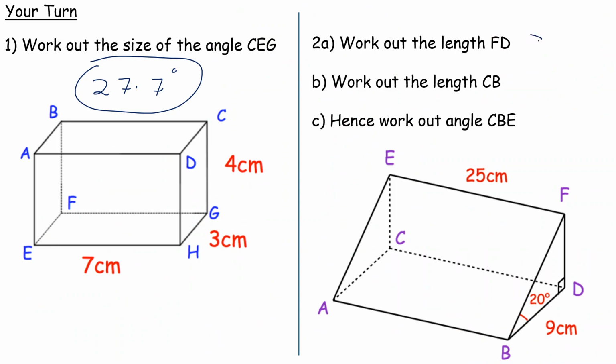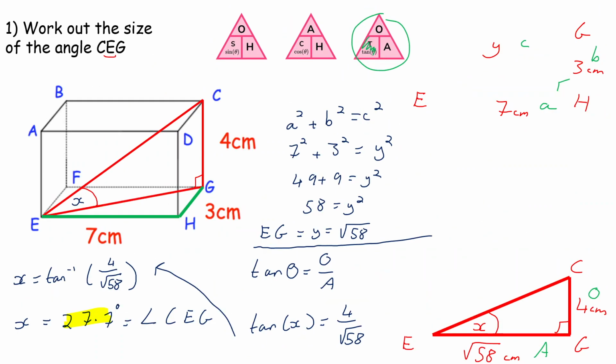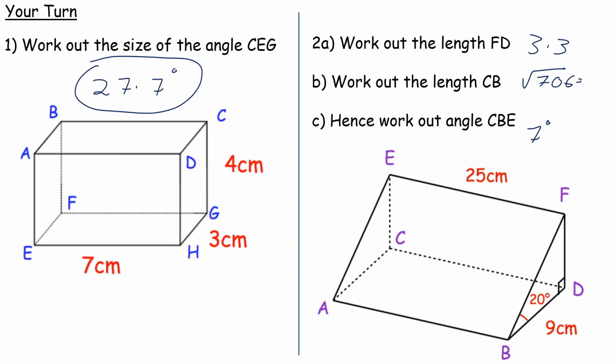So we've got 3.3, root 706, and then the angle was 7 degrees. But again, part B, you could have also put that being equal to, what was that equal to? Let's have a look. 26.6, because it didn't actually specify what it wanted.